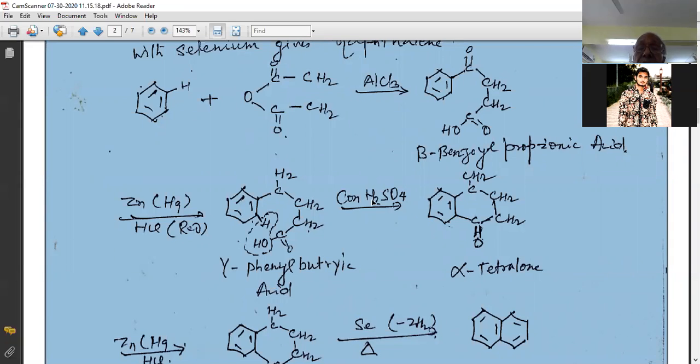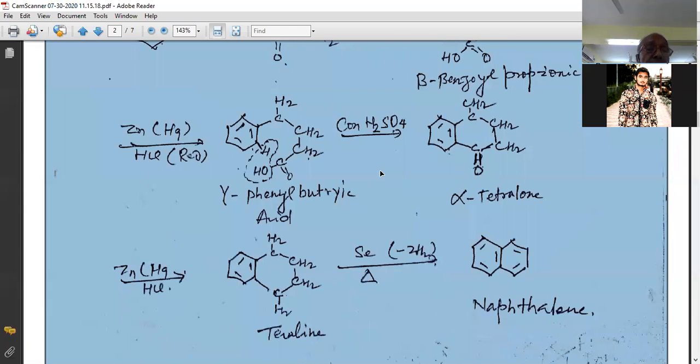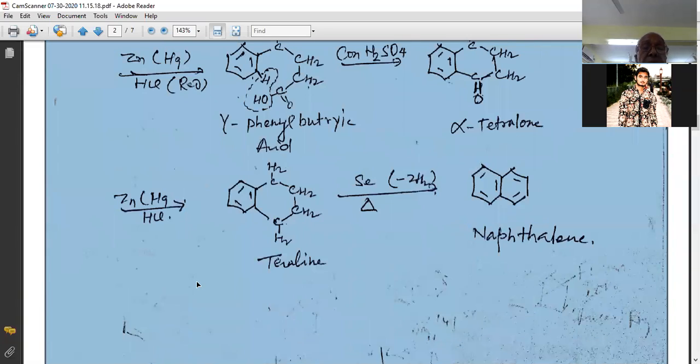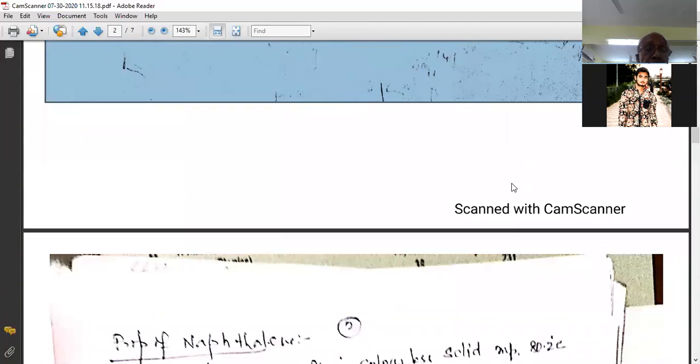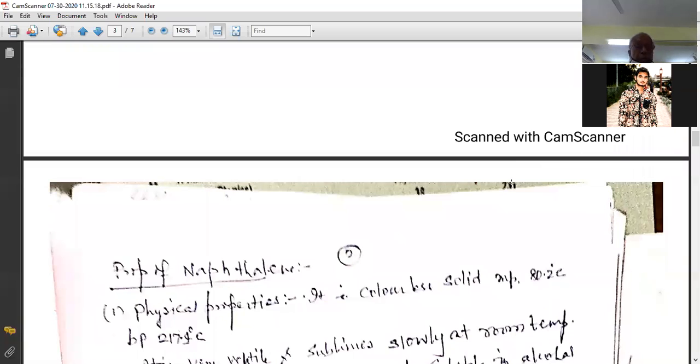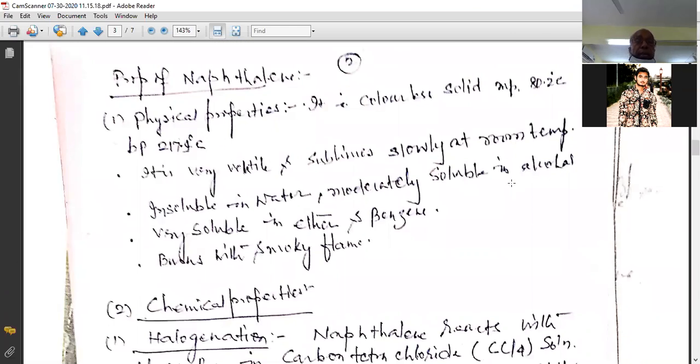Then treated with concentrated H2SO4, it forms alpha tetralone, and after that, zinc amalgam in the presence of acid forms tetralin, and finally we get naphthalene. This is another method, a chemical method by which we can prepare naphthalene on a small scale.